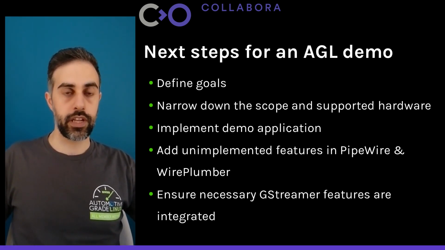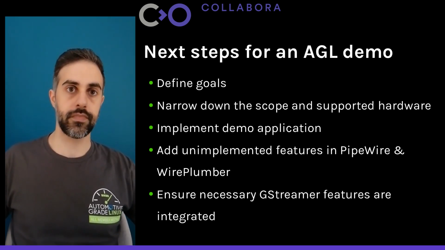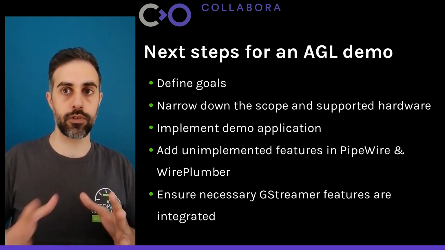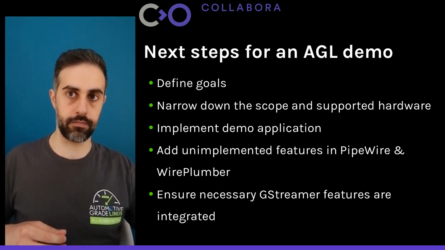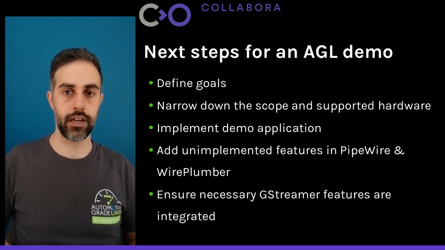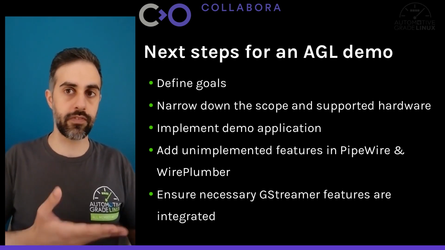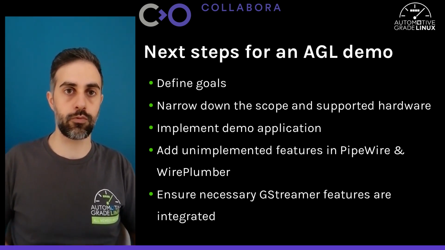And also we need to narrow down the scope, what the features exactly will be and what the supported hardware will be, because it's very different to work, for example, with a desktop USB camera. It's very easy to work with in a demo, but it's very different than using an automotive grade network camera.